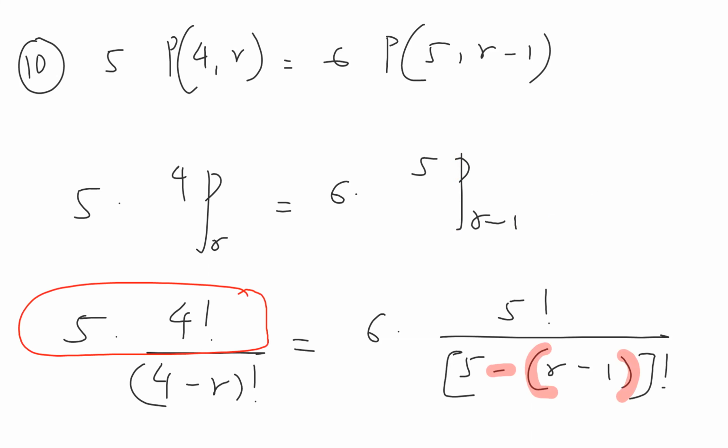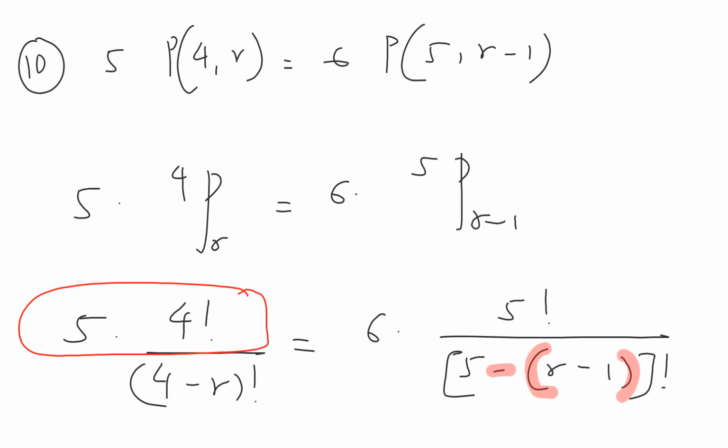What is the meaning of 5 into 4 factorial? Correct. 5 into 4 factorial is 5, 4, 3, 2, 1, which in turn is 5 factorial.